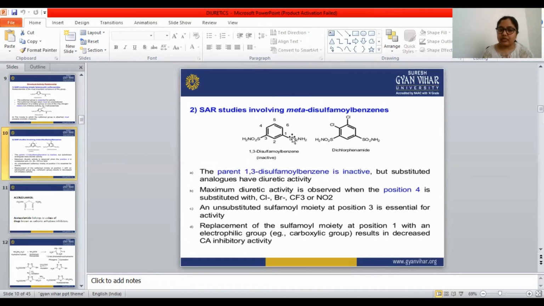If we replace this sulfonyl group with a carboxyl group, it decreases the carbonic anhydrase inhibition. And if we introduce a chloride group, bromide group or CF3 group at position 4, it shows the maximum diuretic activity. So these are the important parts of the SAR of these two categories.